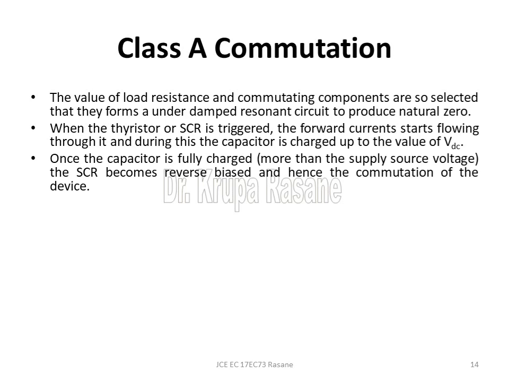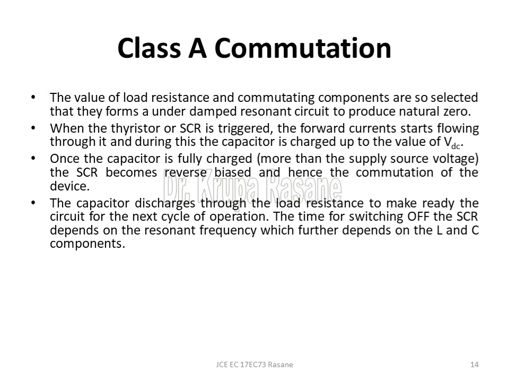Once the capacitor is charged to more than the supply source voltage, the SCR becomes reverse biased and hence the commutation of the device; that is, the SCR becomes off. The capacitor discharges through the load resistance to make the circuit ready for the next cycle of operation.